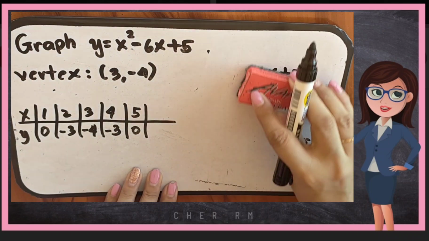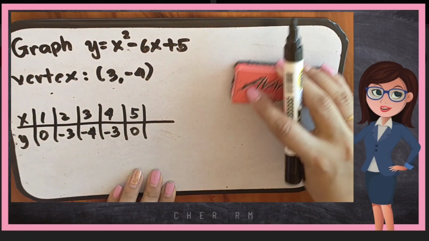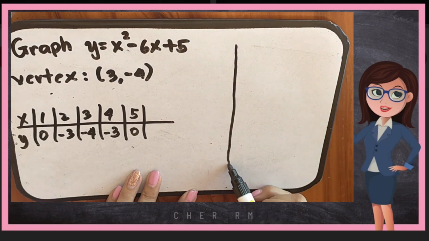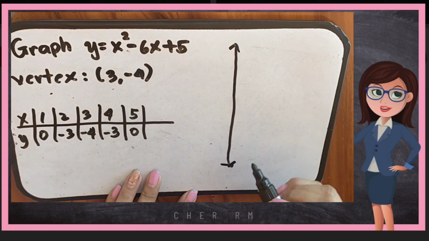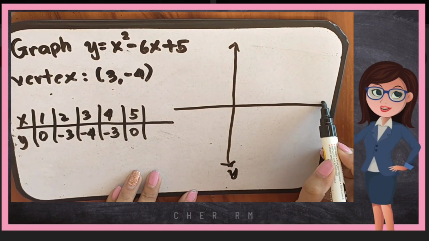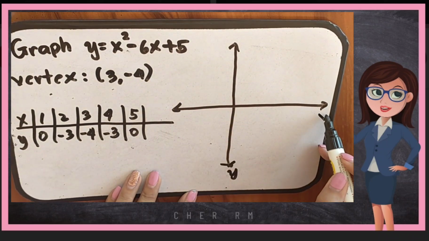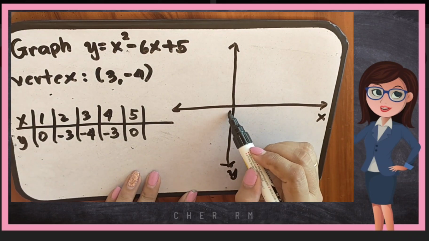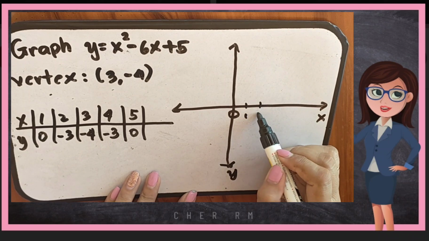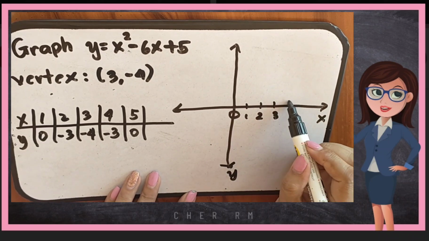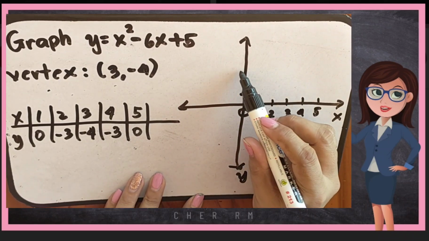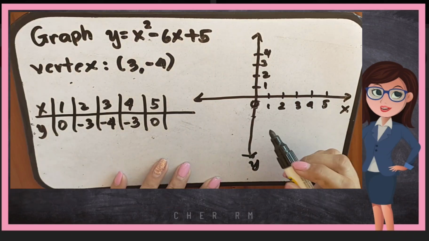Using the Cartesian plane, let us draw a Cartesian plane. Do not forget that the vertical line is what we call the y-axis, and the horizontal line is the x-axis. The origin is 0. From 0 to the right are all positive numbers, and from 0 upward are also positive numbers.